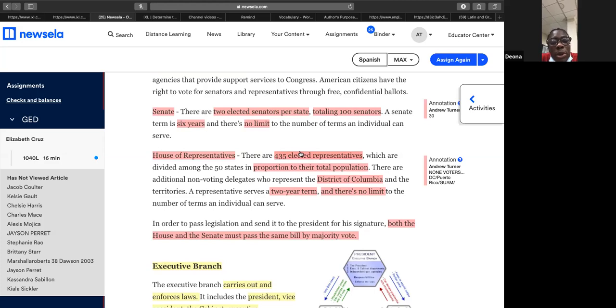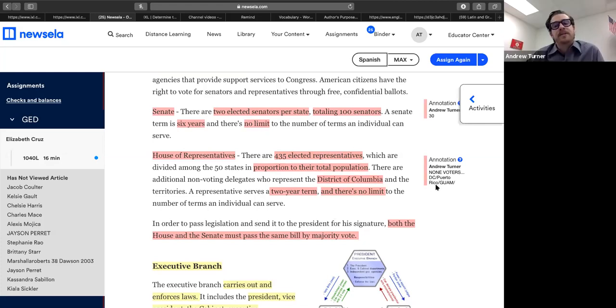The House of Representatives has 435 elected representatives, which are divided among the 50 states in proportion to their total population. There are additional non-voting delegates who represent the District of Columbia and the territories.